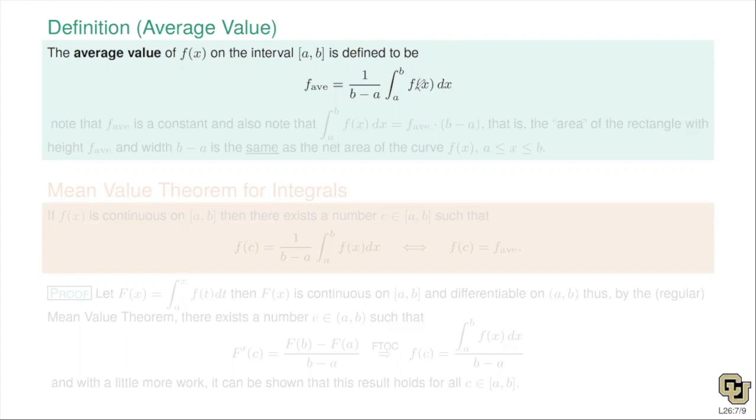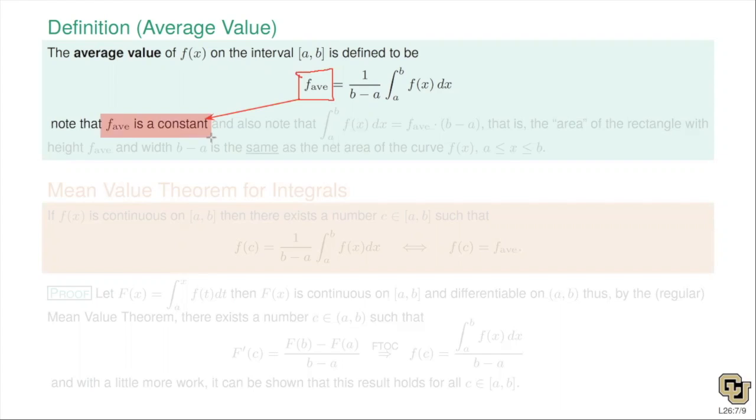So here, a notational thing to watch out for, f sub AVE, the AVE stands for average. This notation represents the average value and is a constant. So that part you have to be careful. Typically, when we have little f, it's a function, like little f of x.